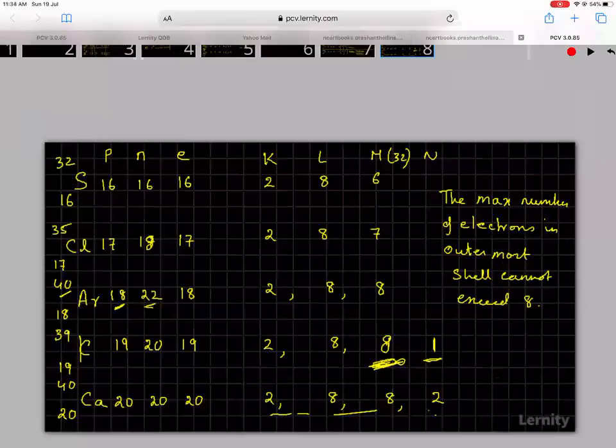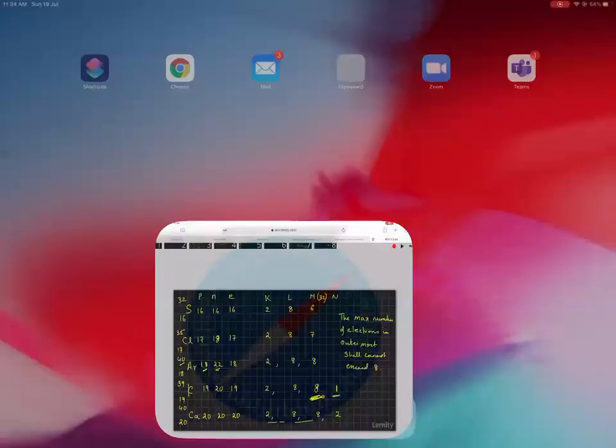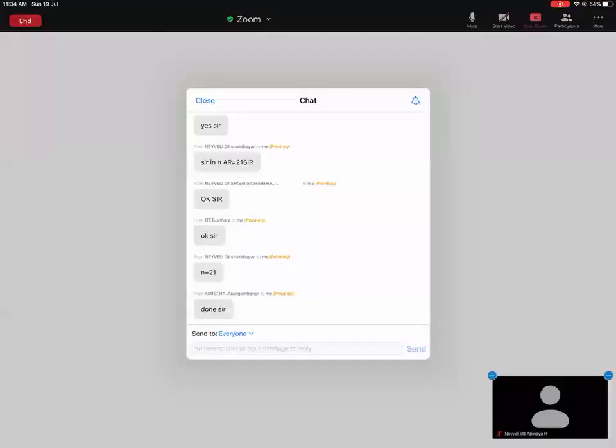The number of neutrons is not 21. How can it be 21? 18 plus 21 is 39. But we are writing that it is 40. If mass number is 40, I agree there are some isotopes which will have 39, but argon is 40.